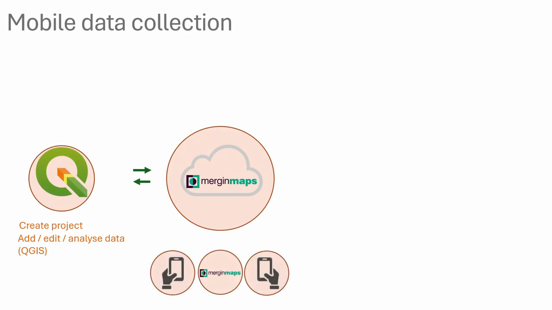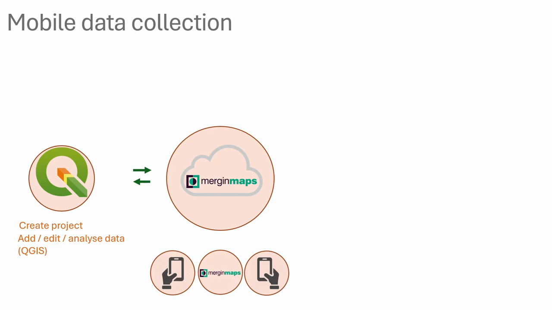So here's our mobile data collection system, also provided by Merging Maps. So this is the app that we can install on Android devices, we can install it on iOS, and they also have a Windows version now as well. So if we've created our project in QGIS, we've pushed it up to the Merging Maps cloud, it's sat there ready for users to start contributing to.